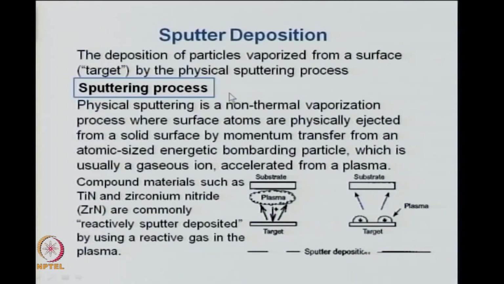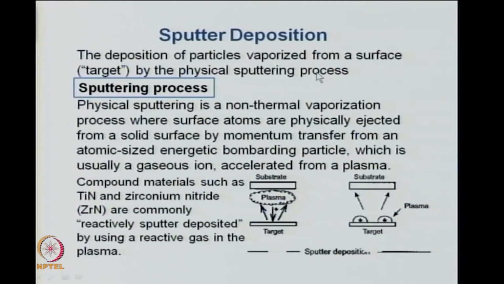In sputter deposition, basically you deposit particles which are vaporized from a surface, which we call a target, by the physical sputtering process. So, you deposit particles which are coming out of a target, and these atoms or particles are produced by a physical sputtering process.